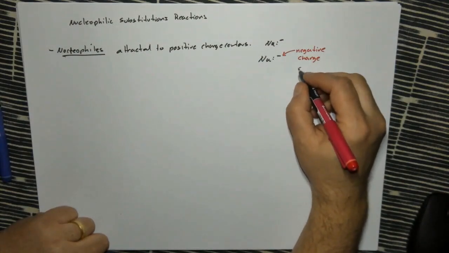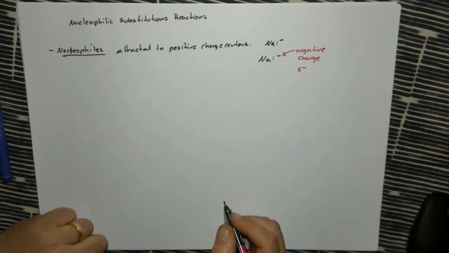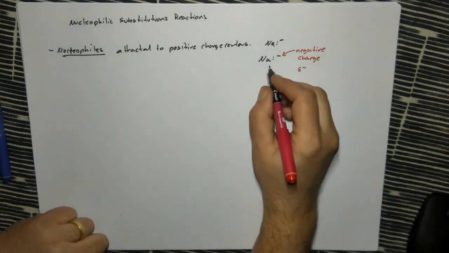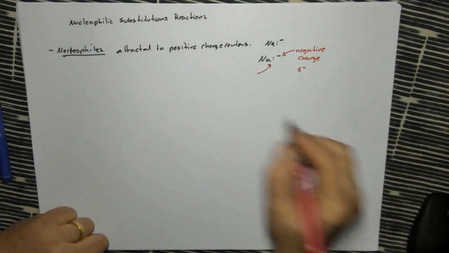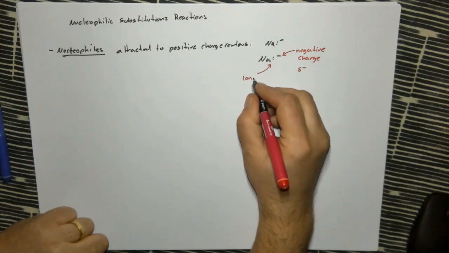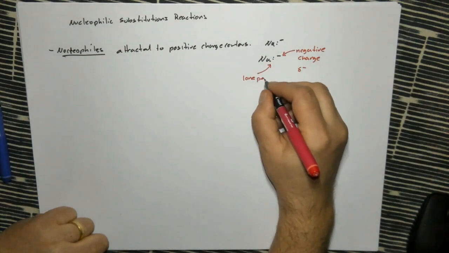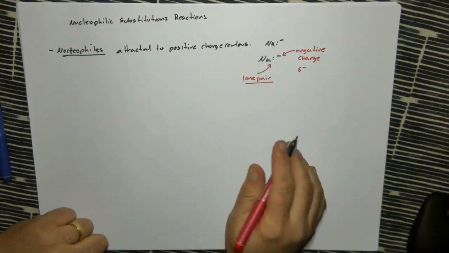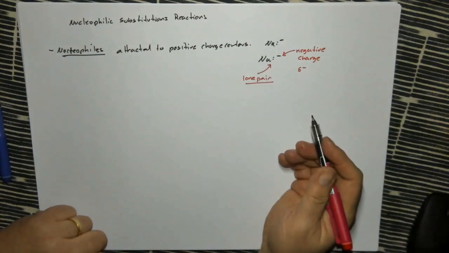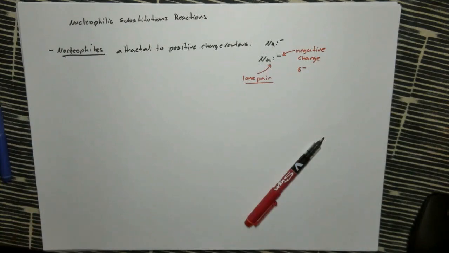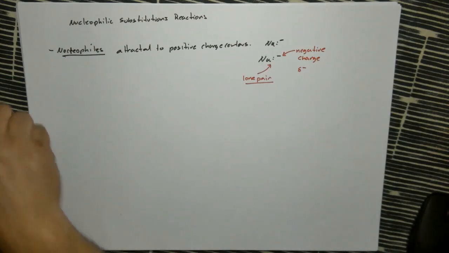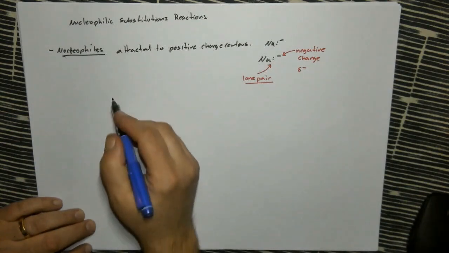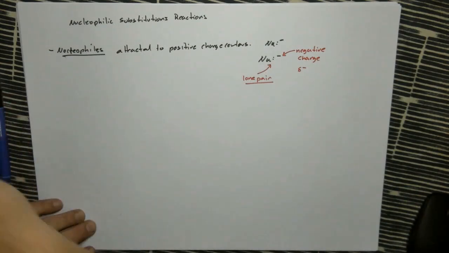It can also be a partial charge. Or it has a lone pair of electrons. And this has to do with the fact that many nucleophiles are also Lewis bases. But I'm going to leave that for a different discussion for now. So let's look at some examples of nucleophiles.